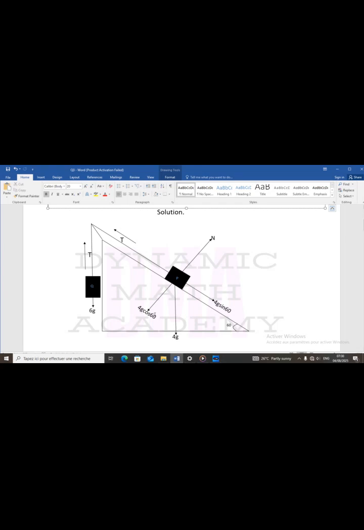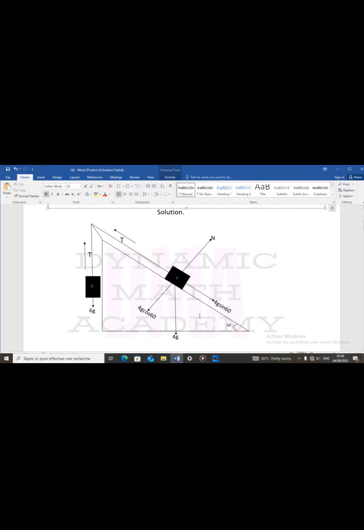And because this angle is far away from this parallel line here, that's why you have sine. That's why you have here 4g sin 60. Hope it's clear. Now we have a normal reaction force that's acting perpendicular to the plane equally. Okay, so that's all about the resolution of the forces.